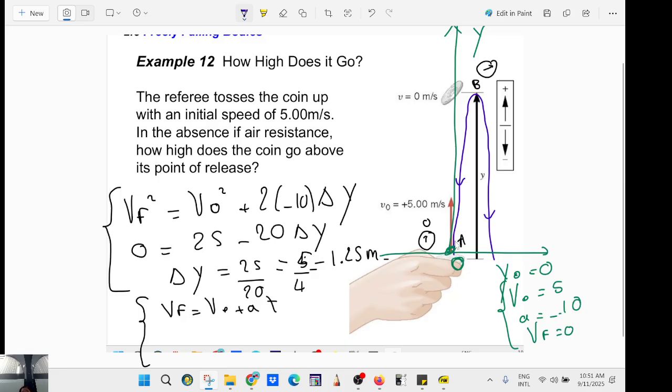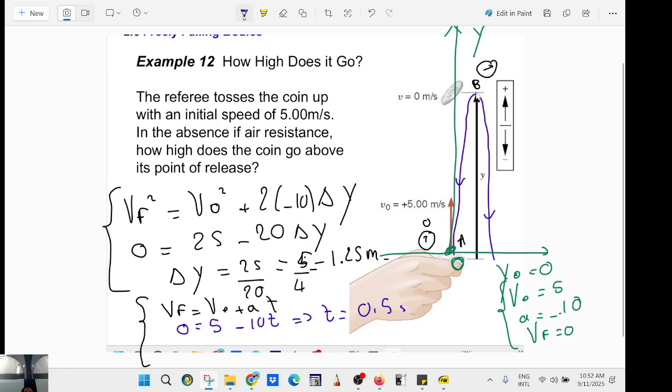Okay, so for example, from A to B, let's say I want to find the time it takes to reach the maximum. So the final is 0, initial is 5 minus 10t. So the time it takes to reach the top will be 1/2, so 0.5 seconds. And then you ask your guts, took physics.